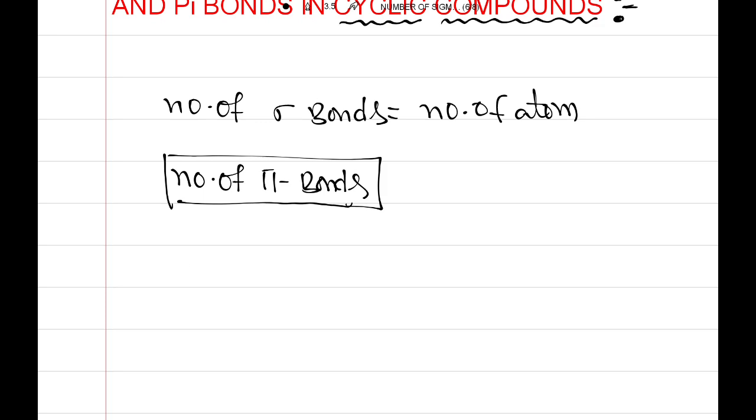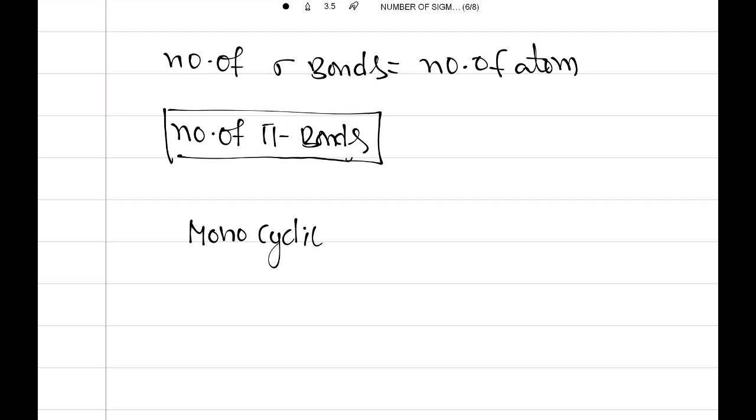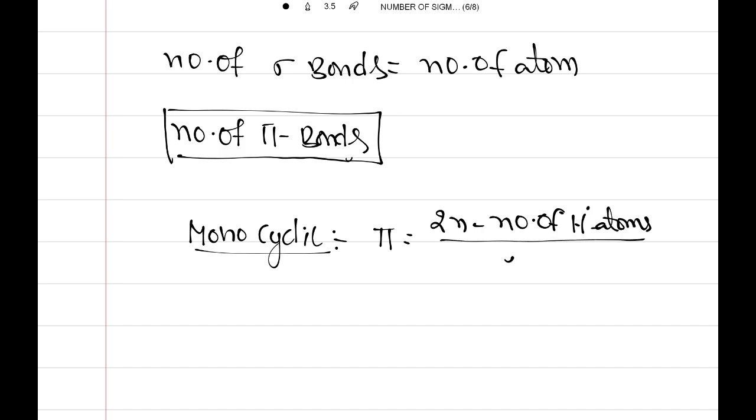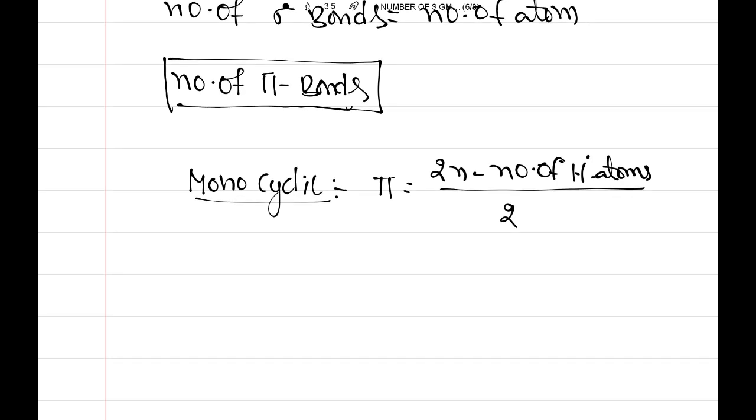If you check with monocyclic compounds, how do we find the number of pi bonds? The number of pi bonds is equal to (2n minus the number of hydrogen atoms) divided by 2. Here n is the number of carbon atoms.